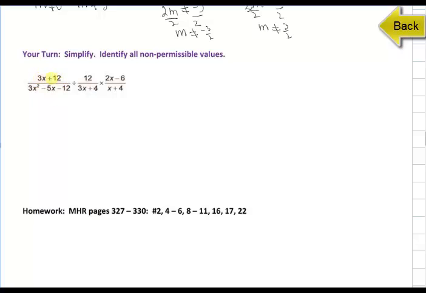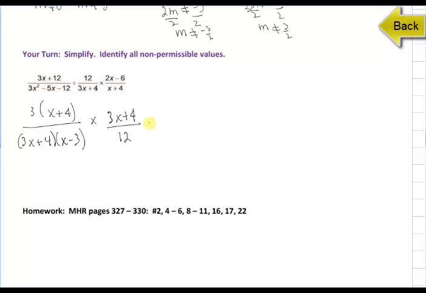In the numerator here you can factor out a 3, and that leaves you with 3 times x plus 4. In the denominator you should have gotten 3x plus 4 times x minus 3. And then this is division, so you should have multiplied by, and then take what was in the denominator and put that in the numerator, and what was in the numerator, put that in the denominator, and we will factor neither one of them.